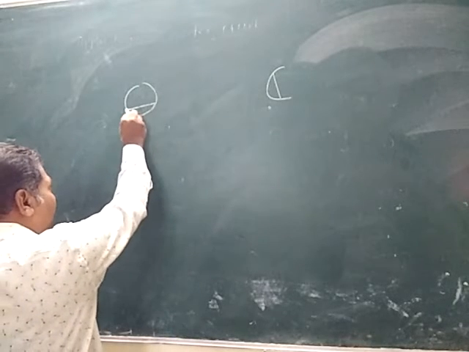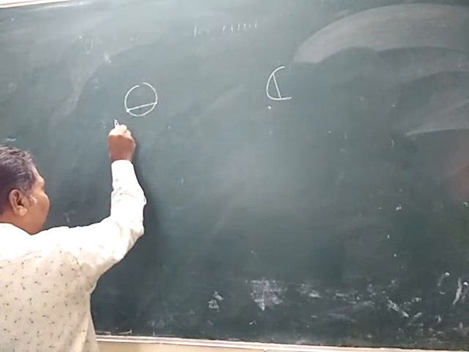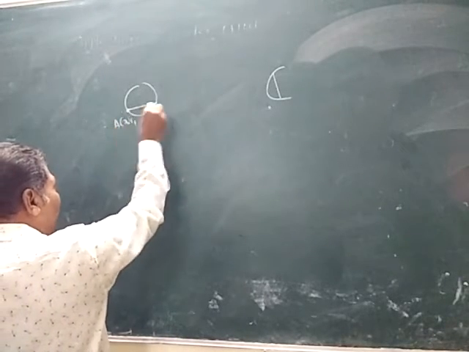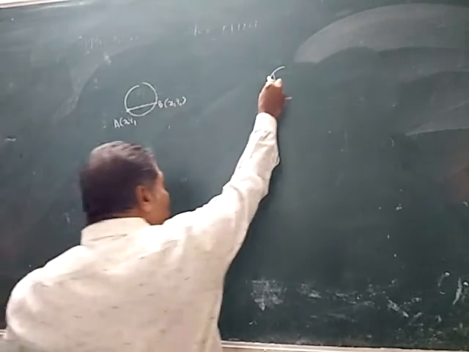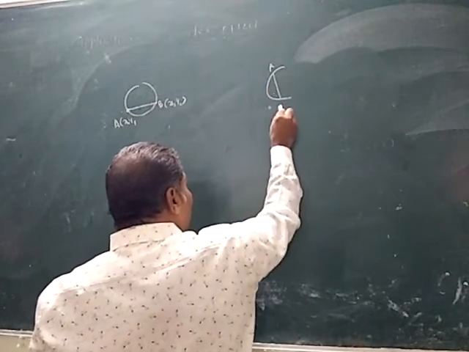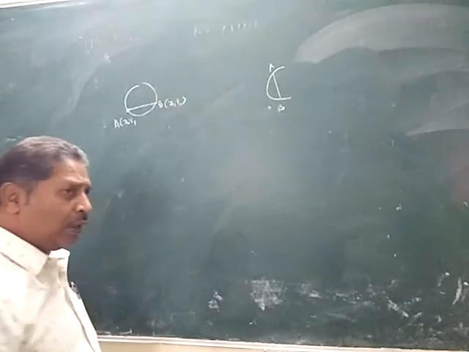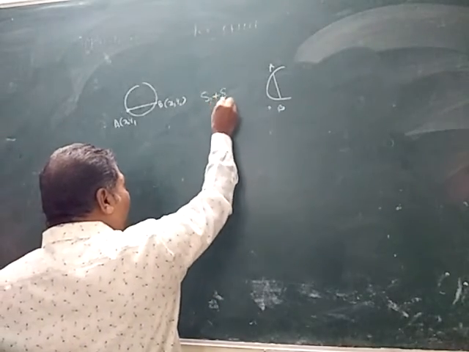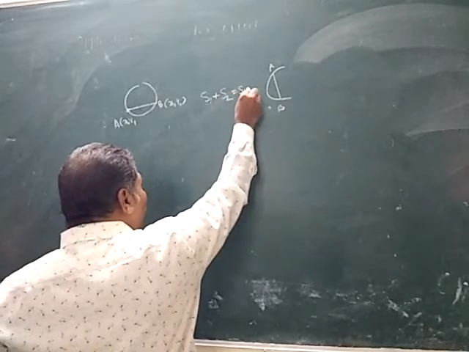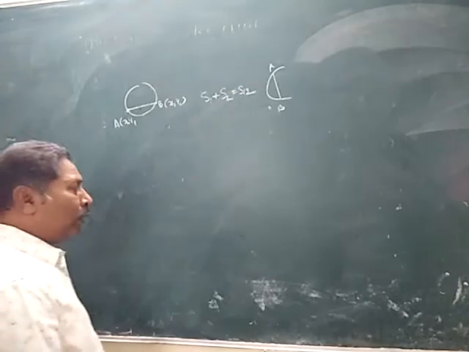Equation of the chord joining A(x1, y1) and B(x2, y2) is S1 plus S2 equal to S12.